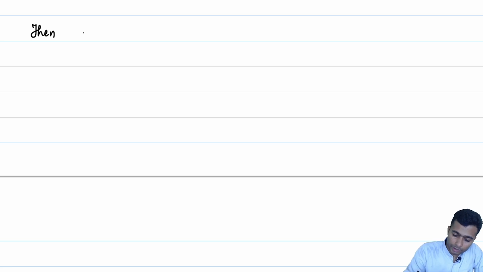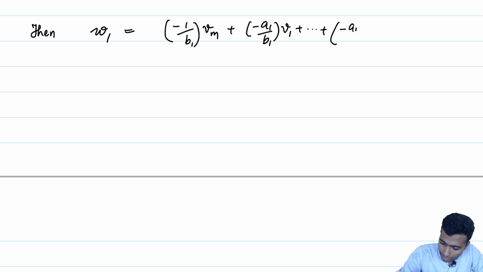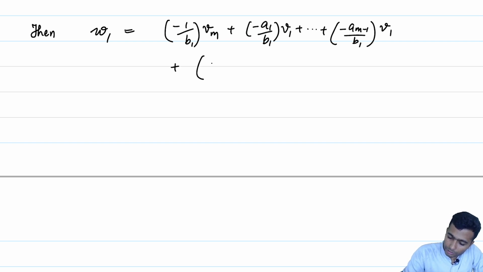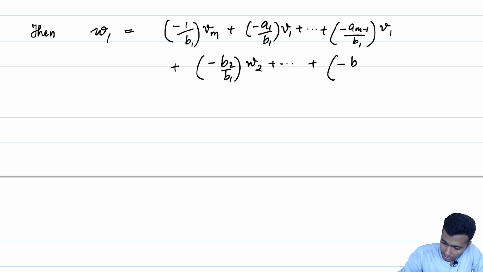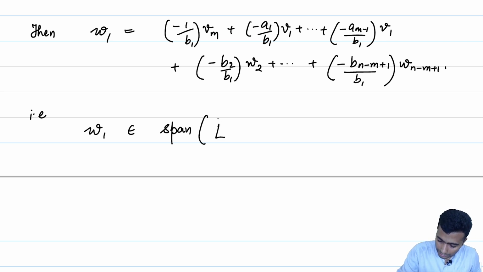What does that imply? Keeping star in mind, let me write down an equation. W1 will then be equal to minus 1 by B1 times Vm plus minus A1 by B1 times V1 plus dot dot dot minus Am minus 1 by B1 times Vm minus 1 plus minus B2 by B1 times W2 plus dot dot dot minus Bn minus m plus 1 by B1 times Wn minus m plus 1. So W1 is an element in the span of L tilde.